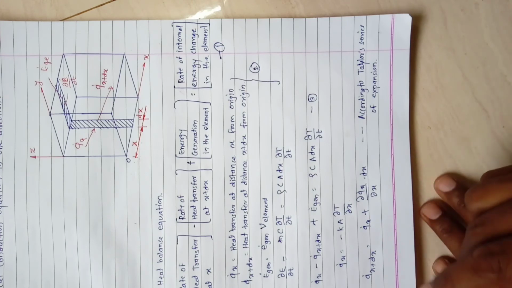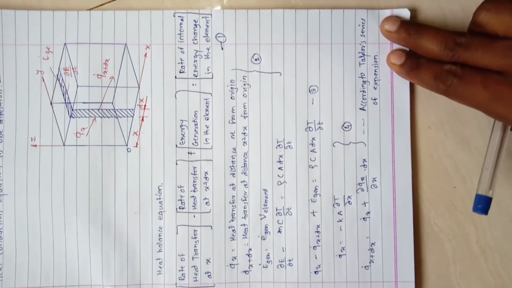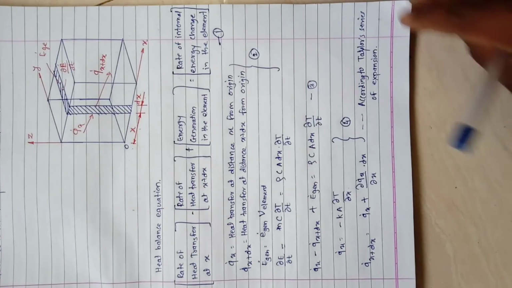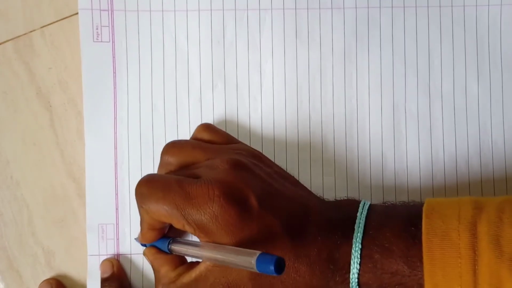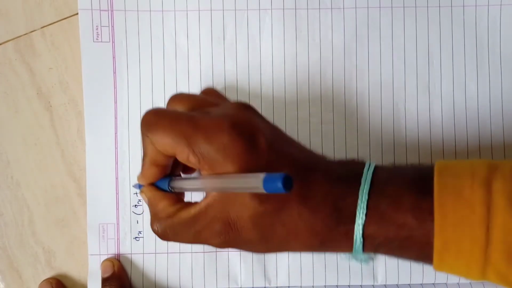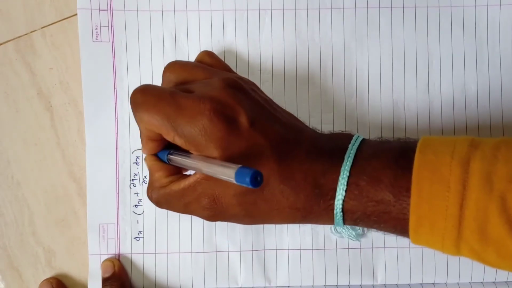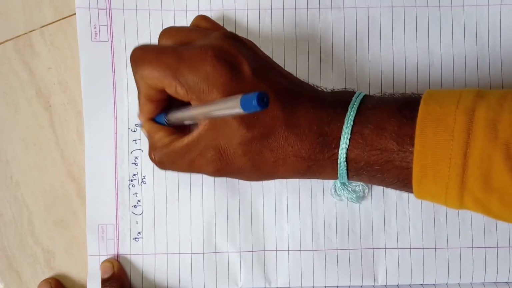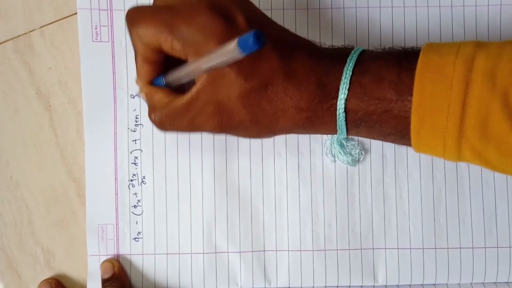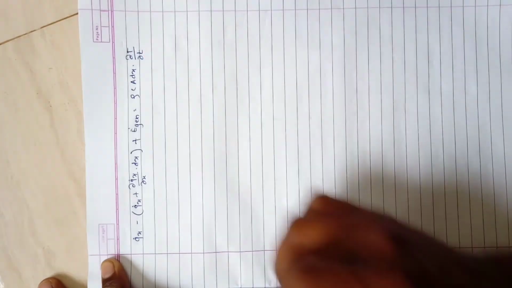Now substituting these values of q dot x and q dot x plus dx in equation number 3, we get q dot x minus q dot x plus del q dot x by del x into dx, plus E dot generation is equal to rho C A dx into dT by dt.